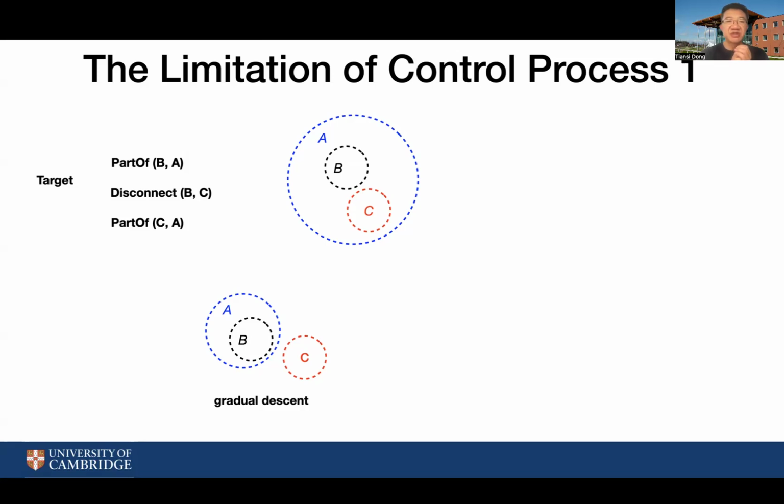If the current situation is that C is outside A and B is inside A, then we need to push B towards A until it's inside A. Control process one will simply push it toward A, and then C will connect with B and violate the already established relation between B and C, and then get stuck in a local minimum and stop.